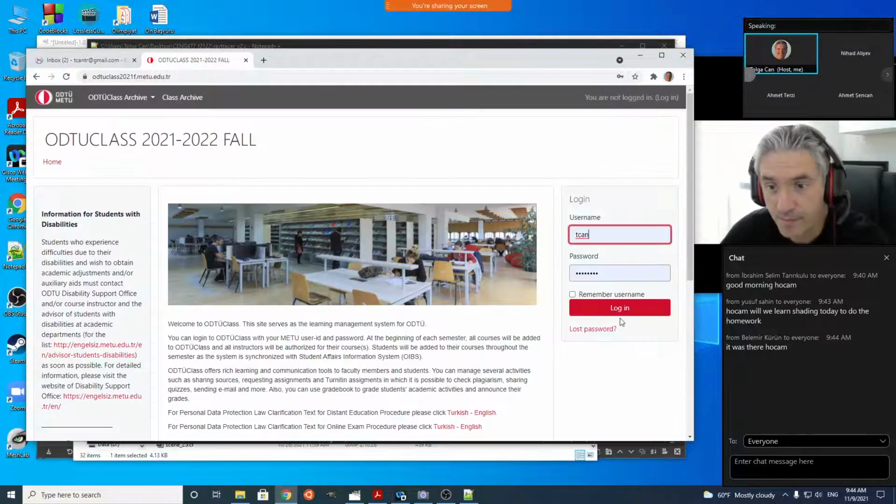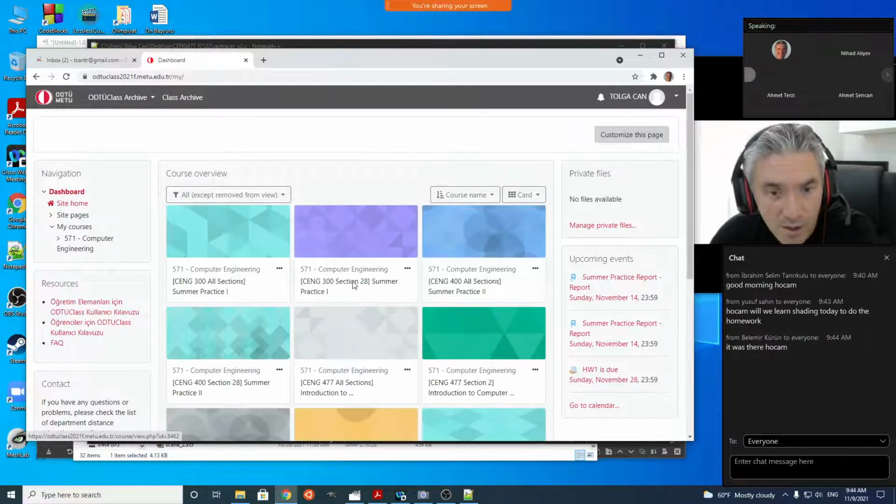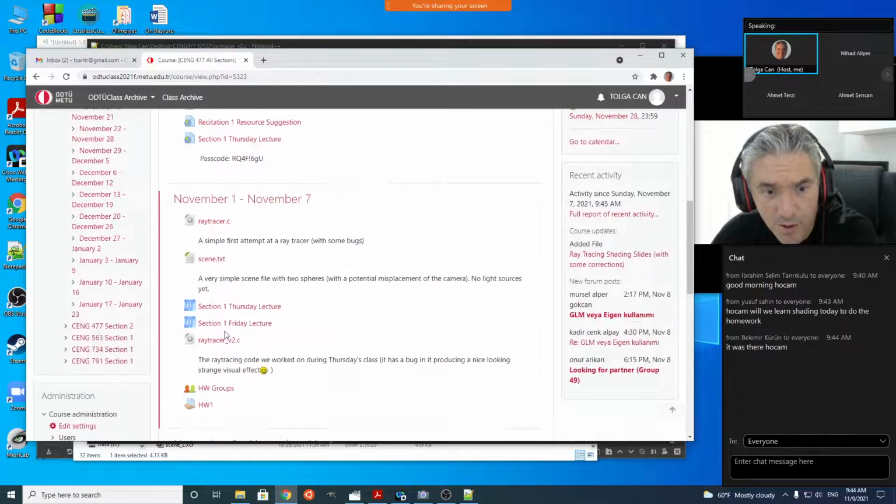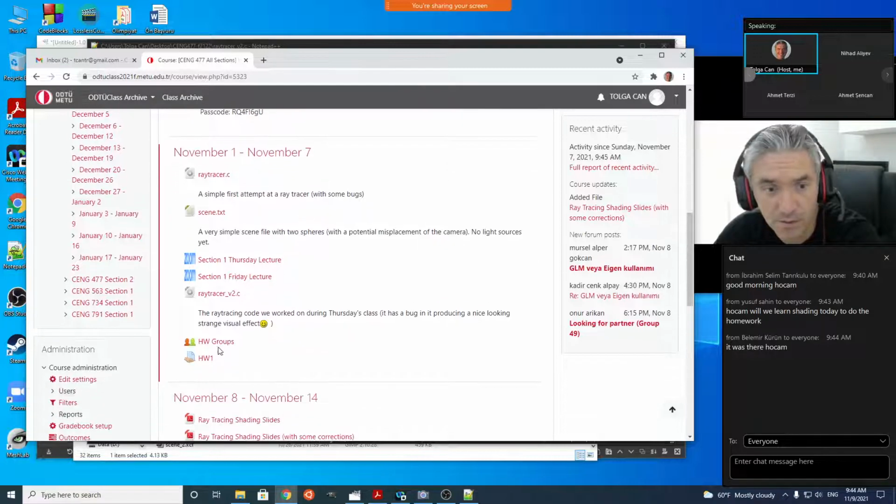All right. So here under all sections, ray tracer version 2. Last week it was the November 7th week. Yeah, this is ray tracer version 2.